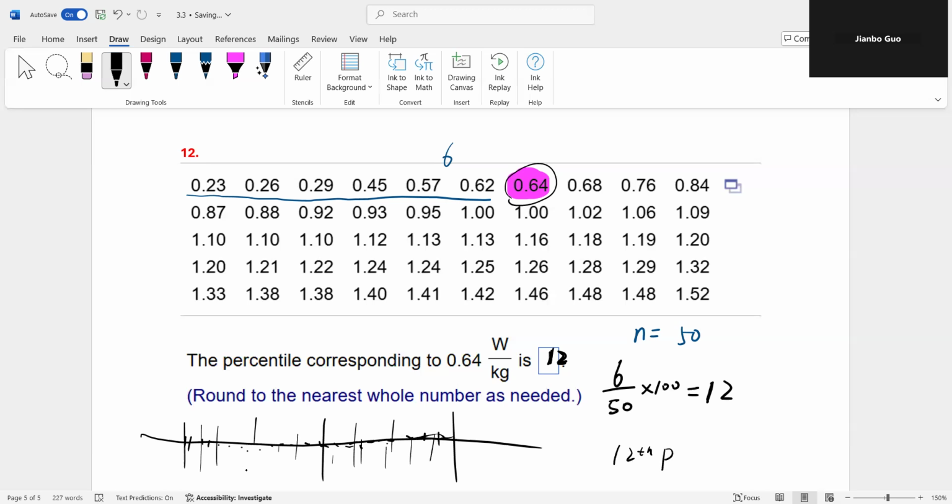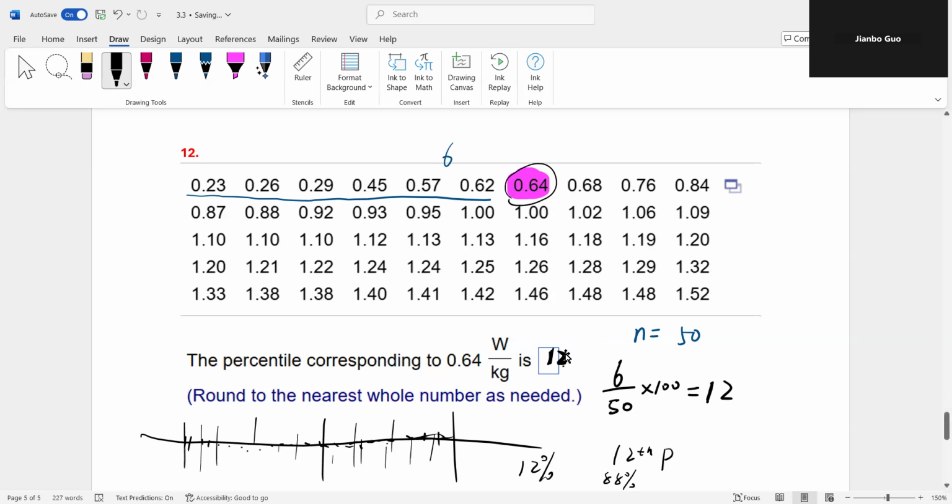The 12th percentile means that around 12% of values are smaller than 0.64. There are 88% of values in the data set that are bigger than 0.64. Percentile is also an important way to see the relative standing of a value in a data set.